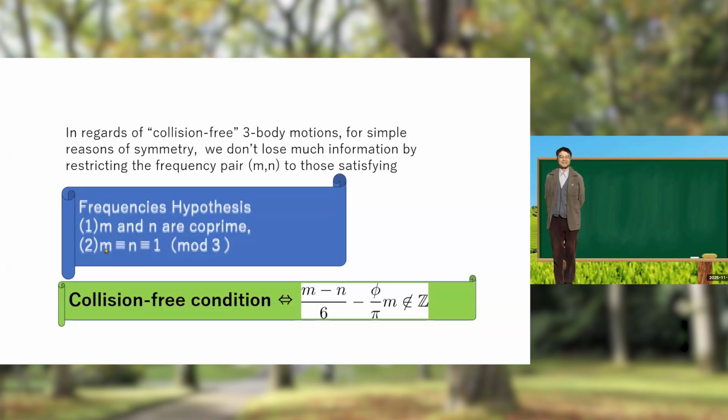If this is not the case, you can change the reflection, m to minus m or n to minus n. Then essentially these cases are necessary and sufficient to look at.